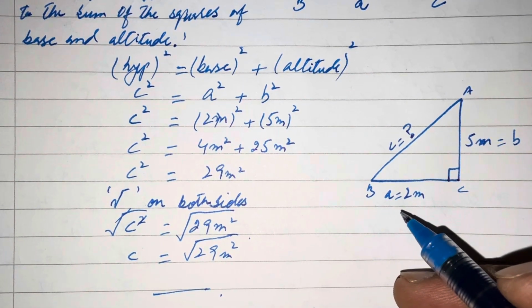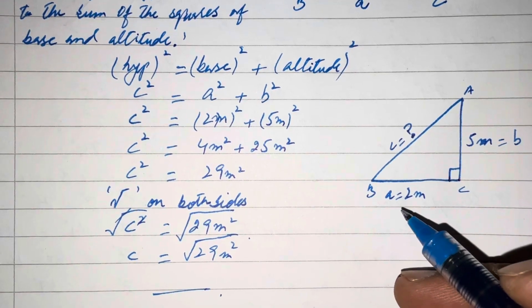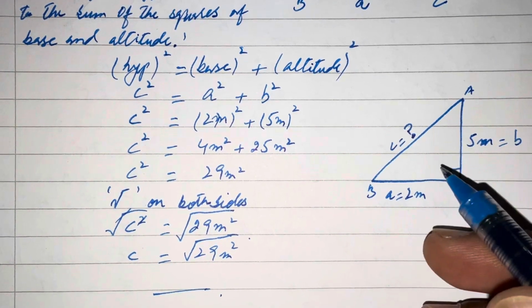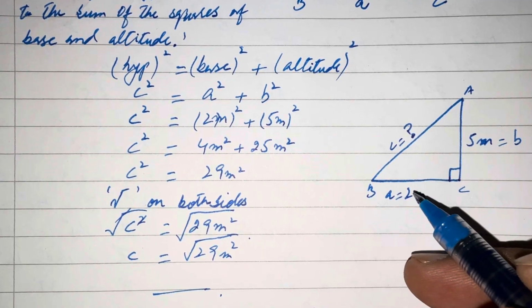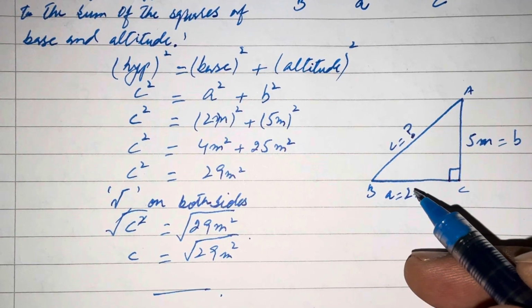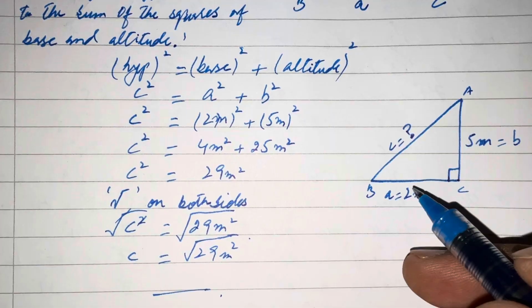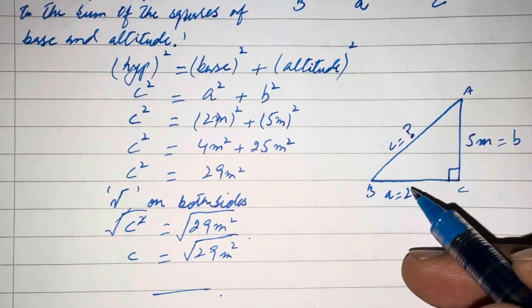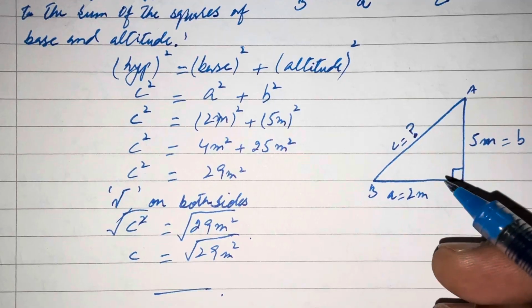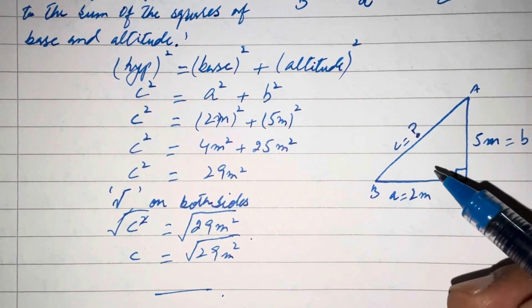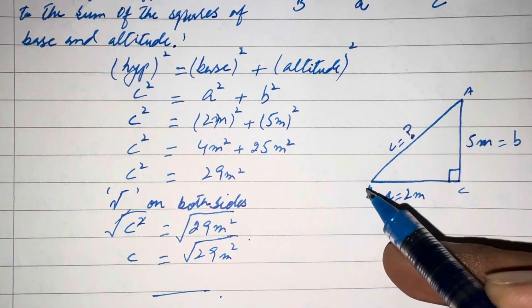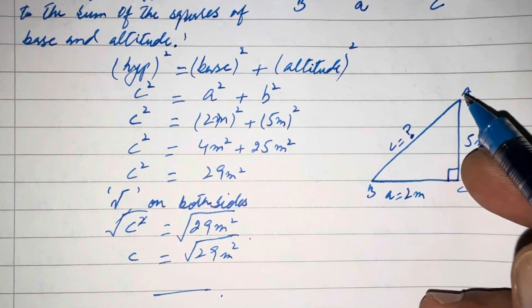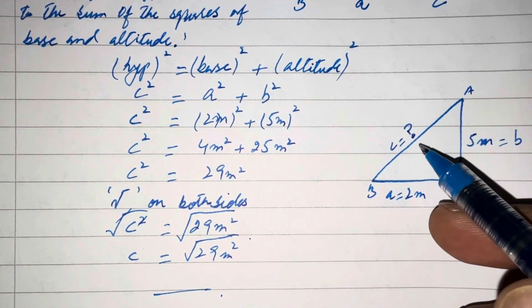We will do more questions related to the right angle triangle, and some questions with statements, so we will be able to find the altitude, base, and hypotenuse of the triangle.